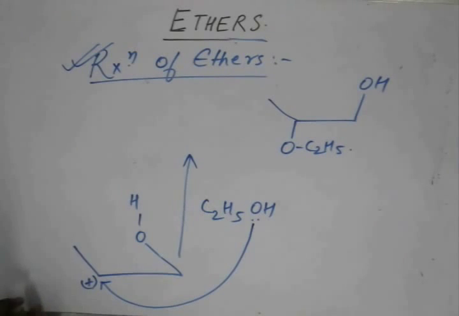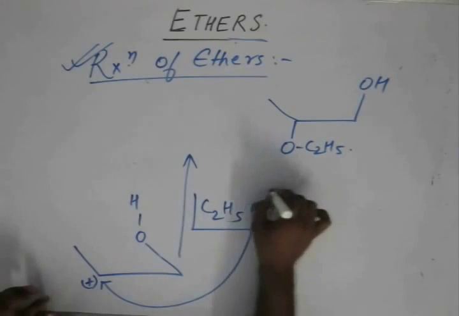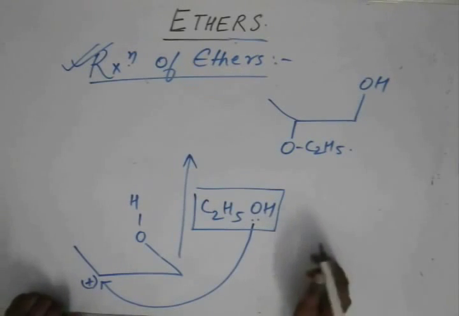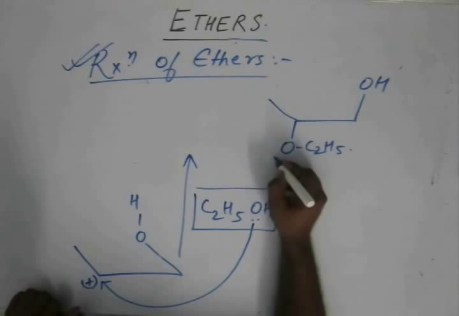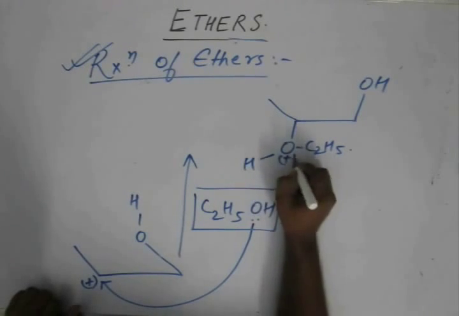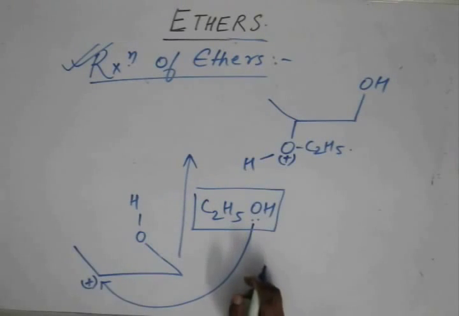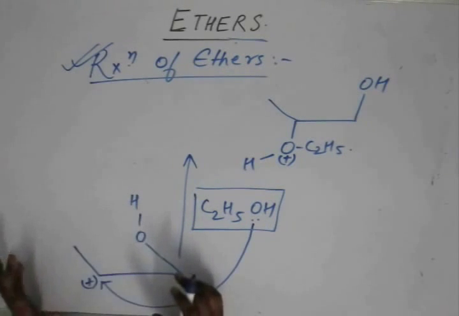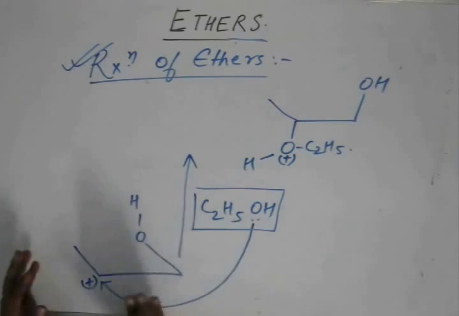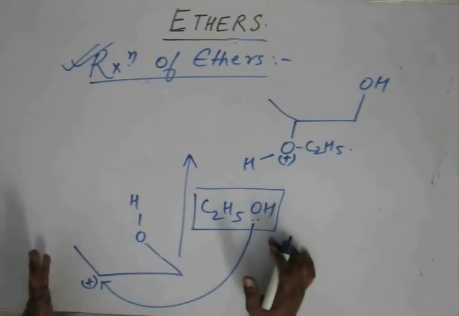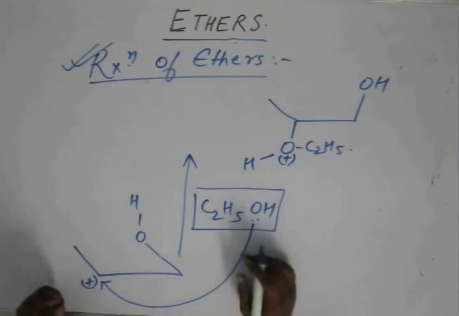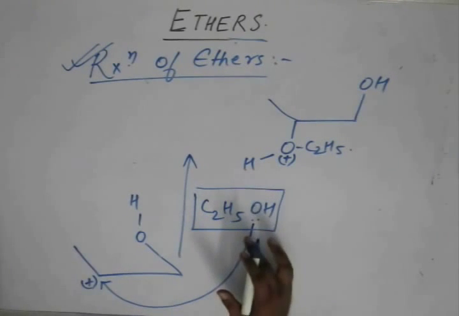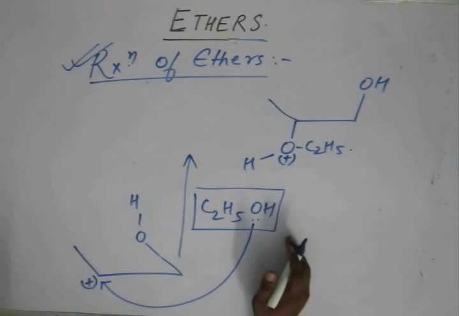Okay, I think you're getting my point, that when C2H5OH or the alcohol was reacted in presence of an acid, the reaction is governed by the formation of a carbocation. Alright, I hope you are getting this. A carbocation is being formed. So every reaction product will be governed by the stability of the carbocation.